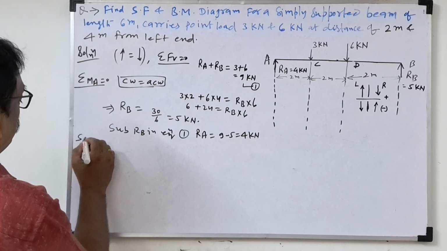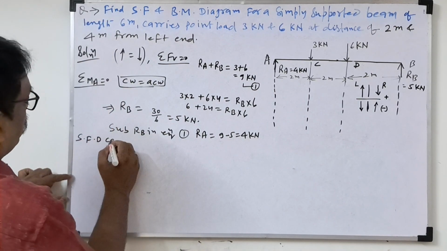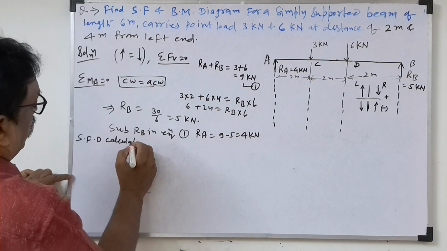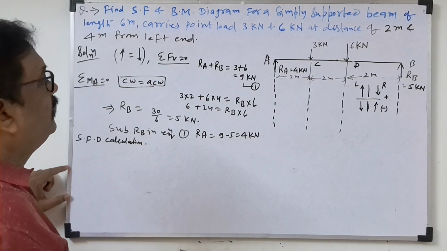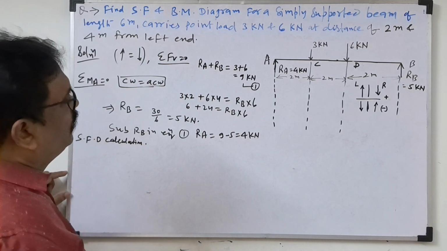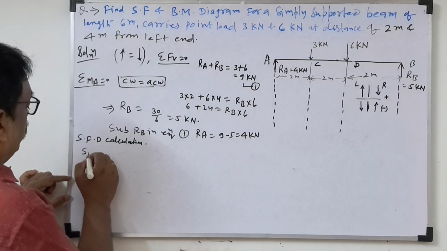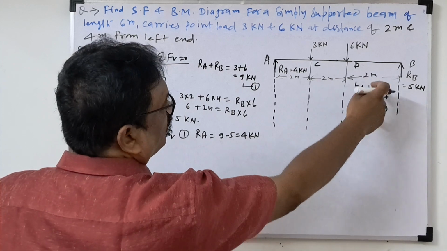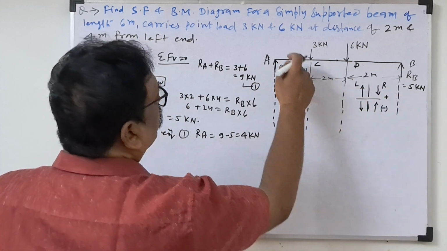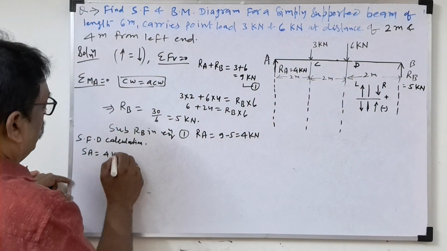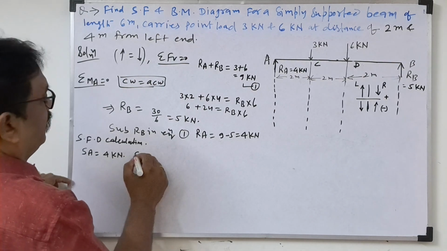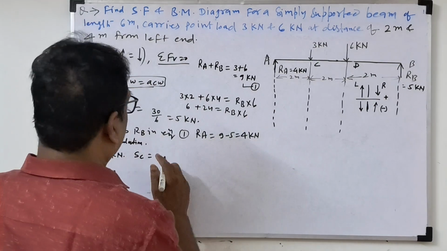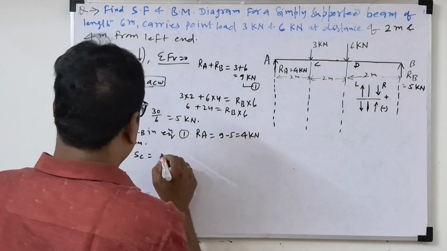So the shear force diagram calculation. Shear force at A, SA: upward force on the left side will be positive, so 4 kilonewton. Then SC, from A to C, is 4.